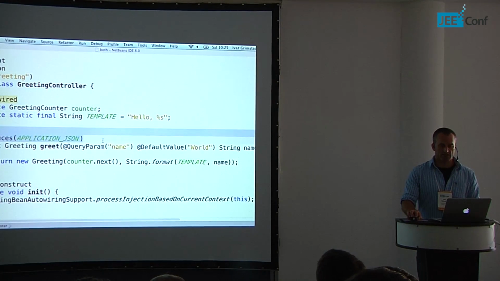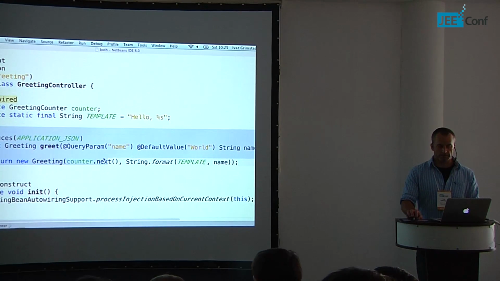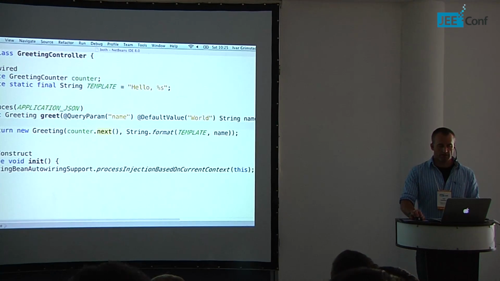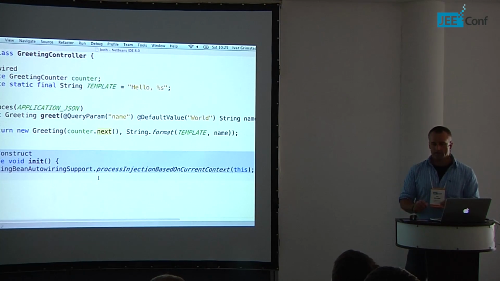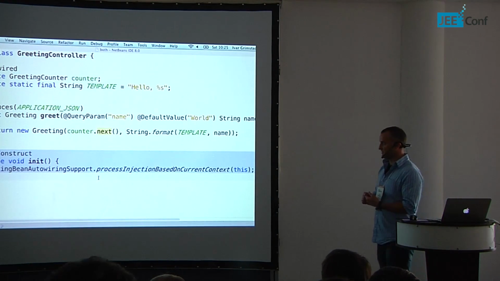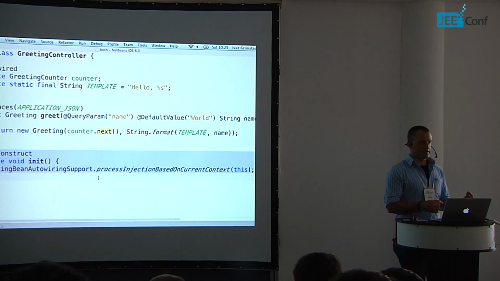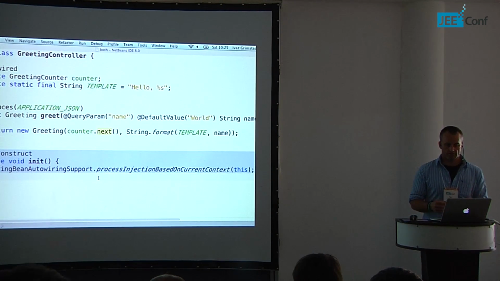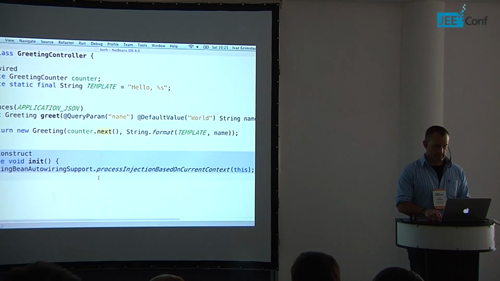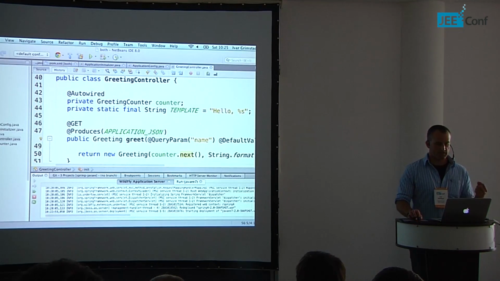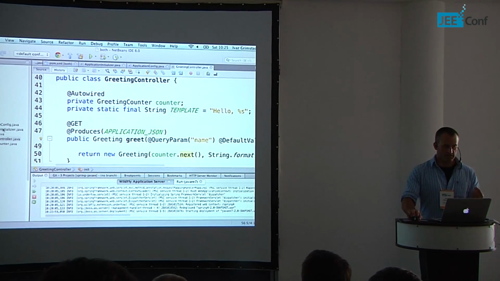But I'm using the JAX-RS stuff for the request method. And I also need to register this class for autowiring to be able to use the Spring injection. So there is a little bit more configuration code to do to get this to work.